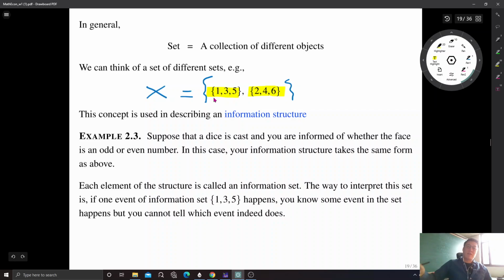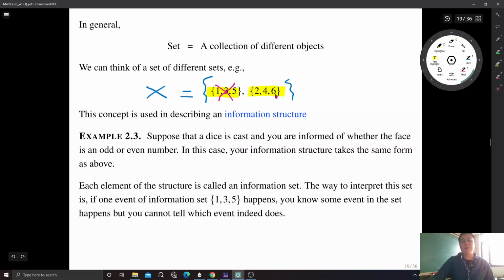So if a die is cast and the face value, the value on the upper surface, turns out to be 2, then you know that because this is an even number, the odd-number event does not happen. But the even event happens, though you can't distinguish between these three numbers.